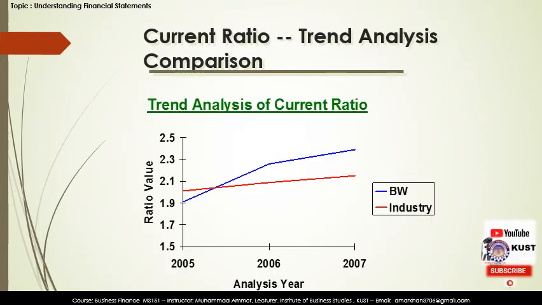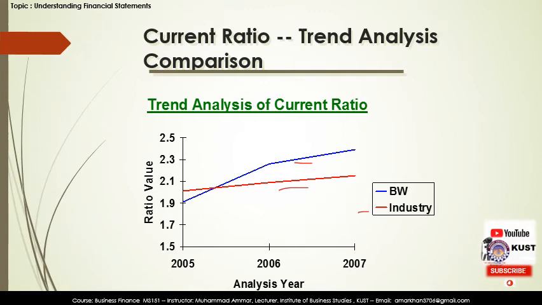Next is the trend analysis, the current ratio trend analysis comparison with the industry. You can see the red line shows the industry and the blue one shows Basket Wonder. The horizontal axis shows the years 2005, 6 and 7, the analysis years, and the vertical axis has the ratio value.